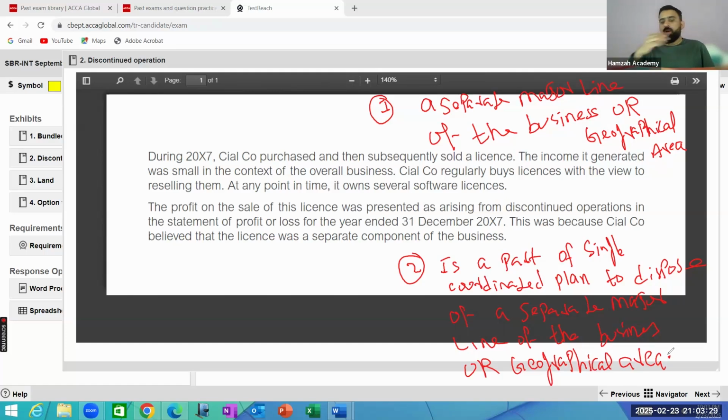First of all, it should be a major separate line of a business or a geographical area, or is a part of a single coordinated plan.